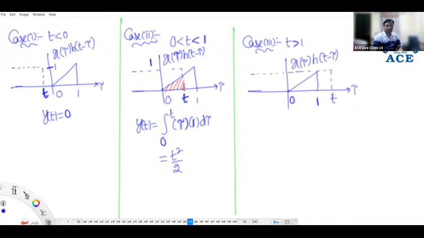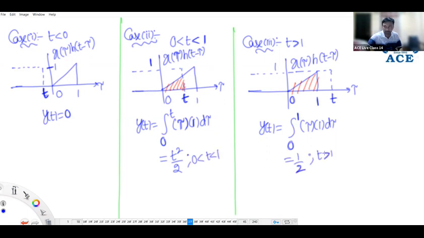As t is greater than 1, where do we get overlap? 0 to 1 range, both signals are there. X of tau is tau, shifted version is 1. The result is 1 by 2. This answer is only for 0 to 1. This is after 1. Here we got one more extra case.